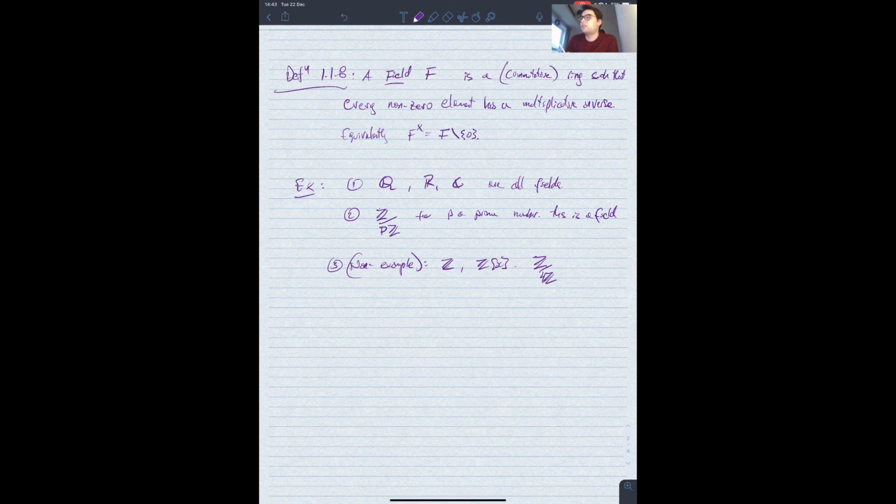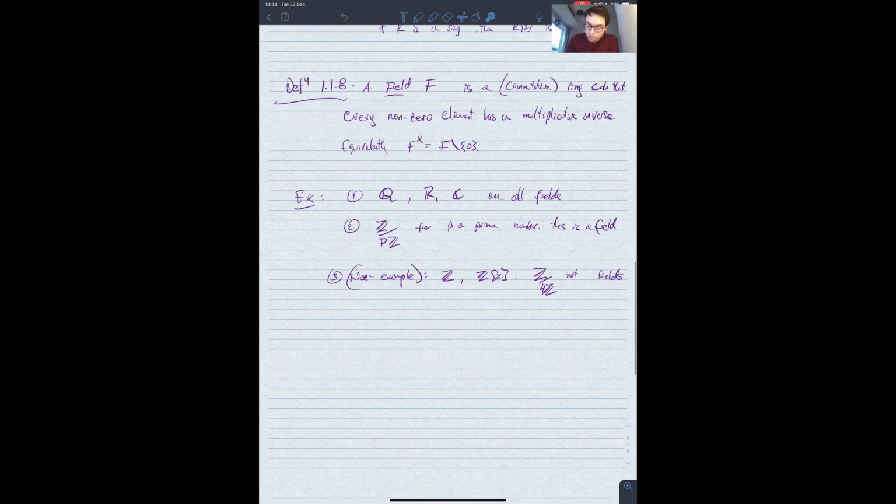This is also not a field. None of these are fields. So if you want to take Z mod something, you want to make sure that the something that you've modded out by is always a prime number. If you've modded out by something that's not a prime number, then you won't get a field.